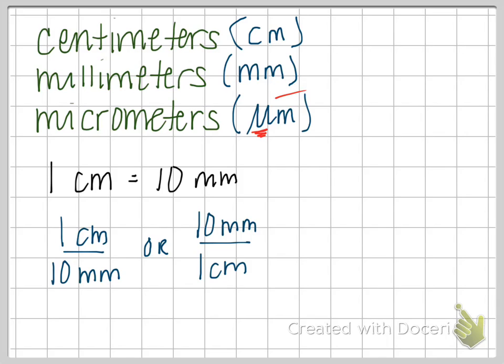So back to the pen. The other thing is that 1 millimeter is equivalent to 1,000 micrometers. So micrometers are actually a very small unit.